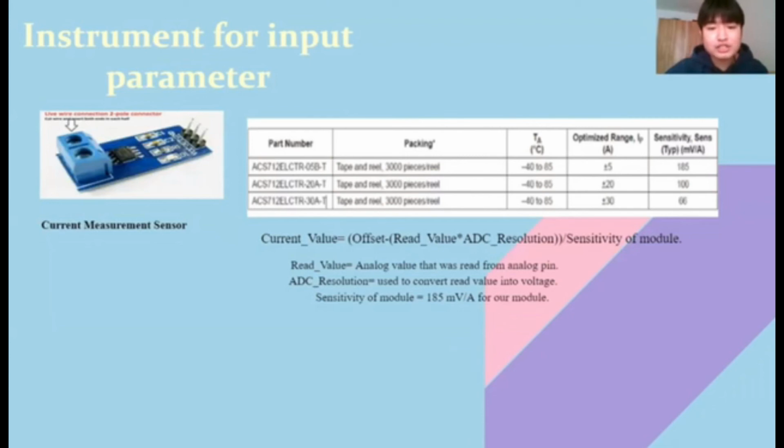ADC resolution is used to convert the read value into voltage, and the sensitivity of the module equals 185, and the offset equals the output voltage value when there is no current flowing. And for only unipolar current, the VCC as shown. That's all for the instrument for input parameter.